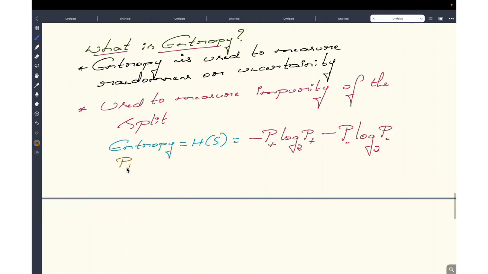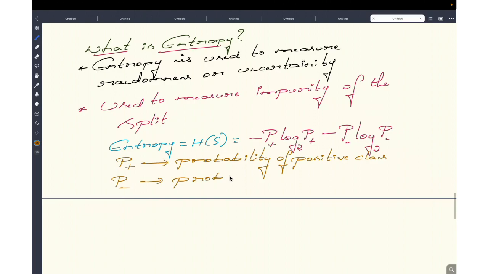Here p plus is the probability of the positive class and p minus is the probability of the negative class.